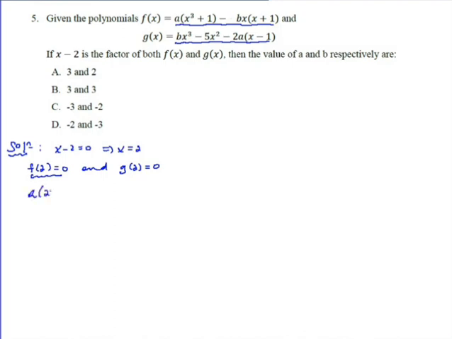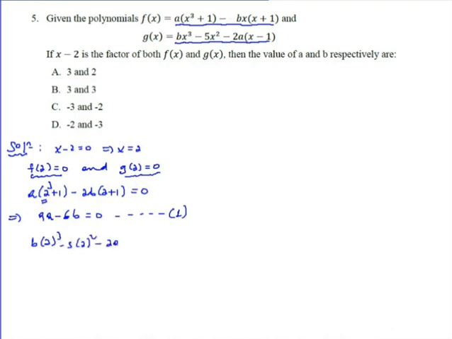a times 2 cubed plus 1 minus 2b times 2 plus 1 is equal to 0. So this means 8 plus 1 is 9a minus 6b is equal to 0. Say this is equation 1. Again from g of 2 is equal to 0, meaning b times 2 cubed minus 5 times 2 squared minus 2a times 2 minus 1 is equal to 0.